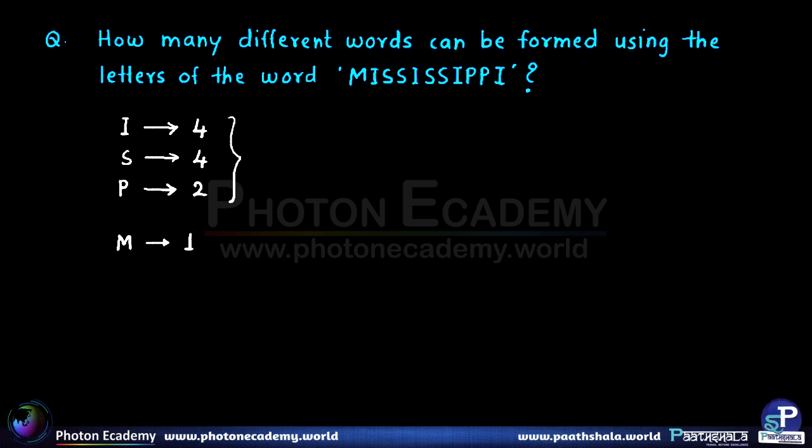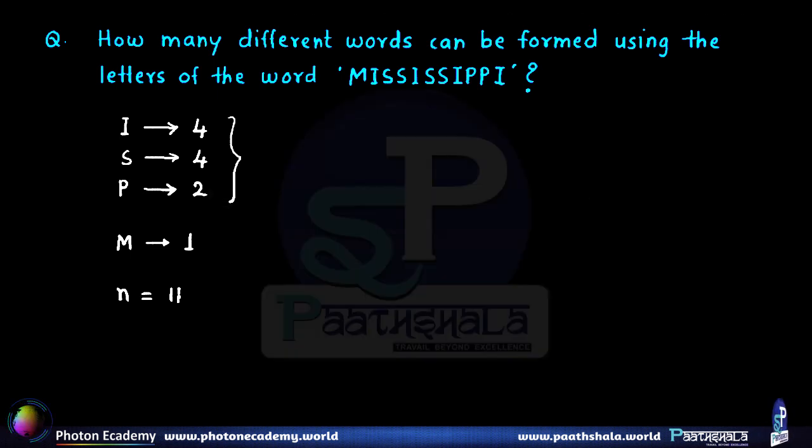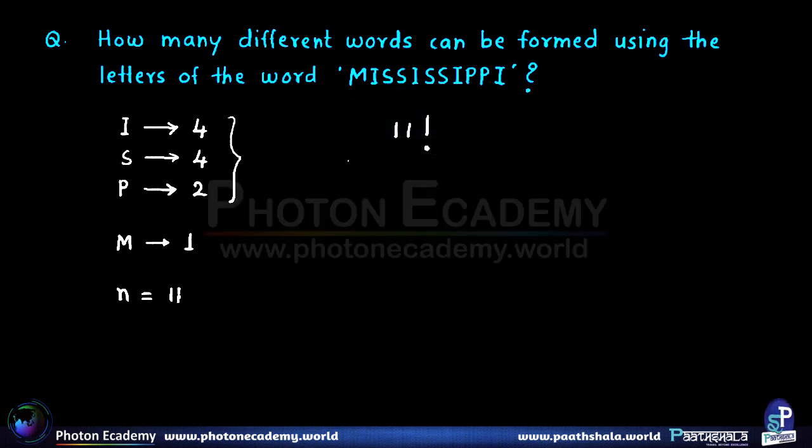So basically 3 letters are repeating. In all there are a total of 11 letters. Now if these 11 letters were all different, then they would have given rise to 11 factorial permutations among themselves. But since there are repeating letters, the total number will get divided by the corresponding factorials.